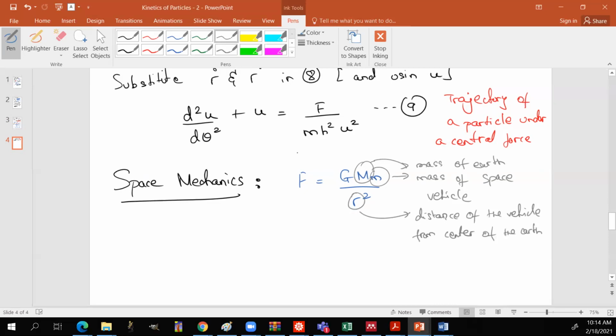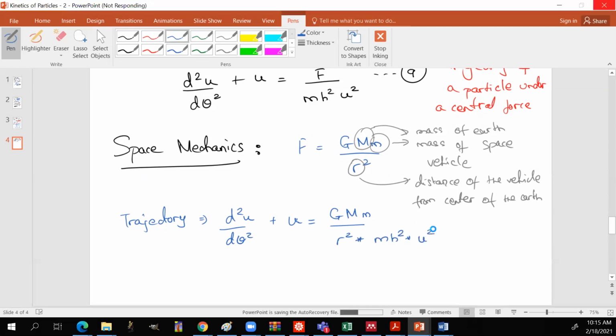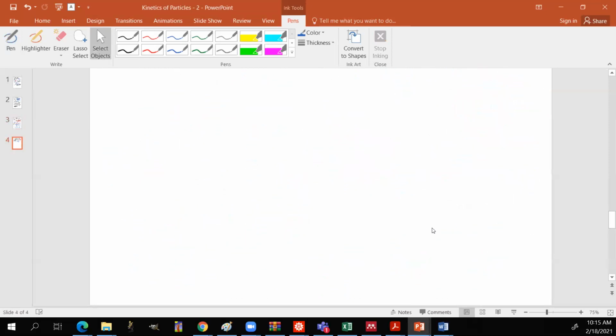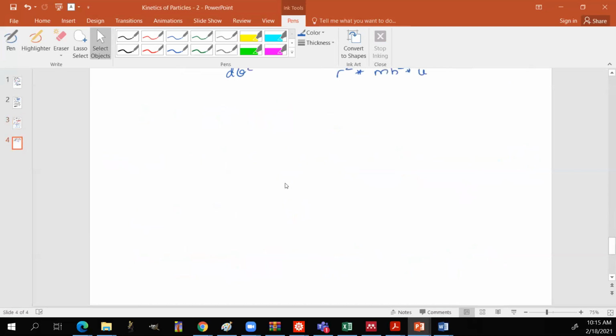So if you plug it into your trajectory equation, the trajectory becomes d squared u over d theta squared plus u is equal to G M m over r squared times m times h squared times u squared. And we defined u to be equal to 1 over r, so u squared times r squared cancel each other out.